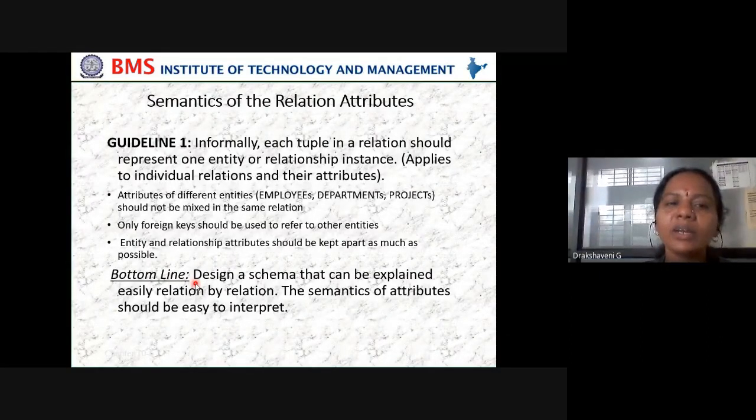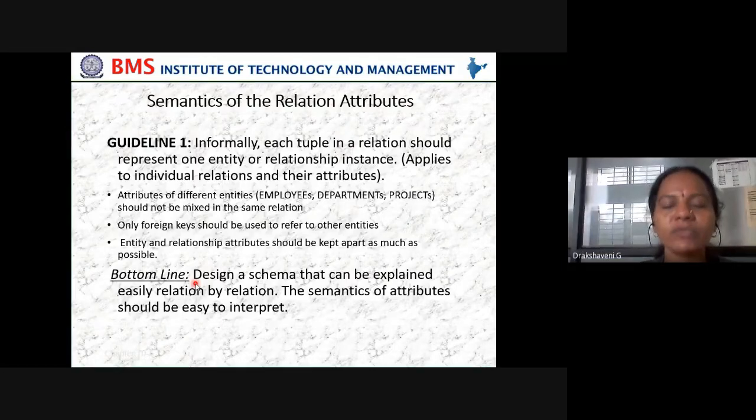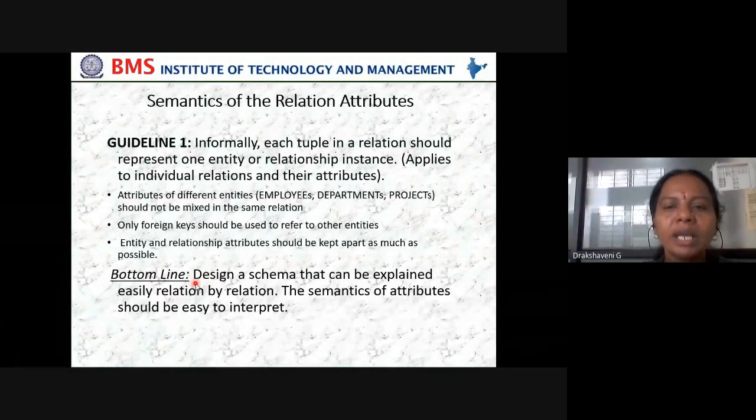Guideline 1: informally, each tuple in the relation should represent one entity or relationship instance. Now you know about drawing ER diagrams. When you draw a diagram, what the guideline says to us is that each tuple in a relation should represent one entity or relationship instance.